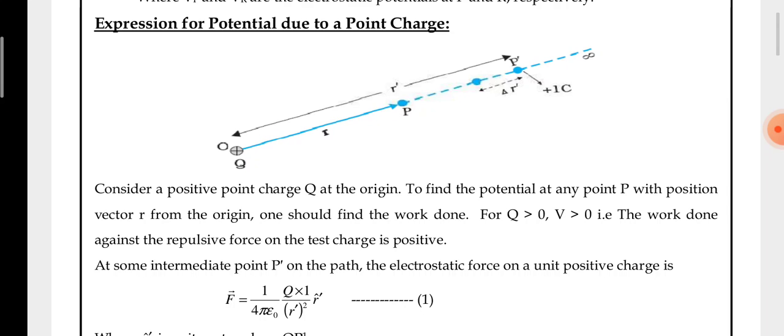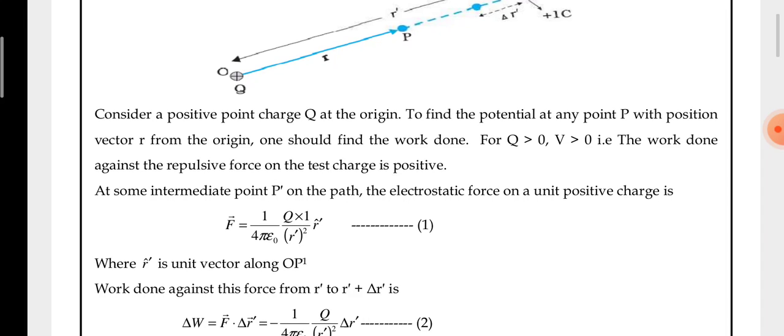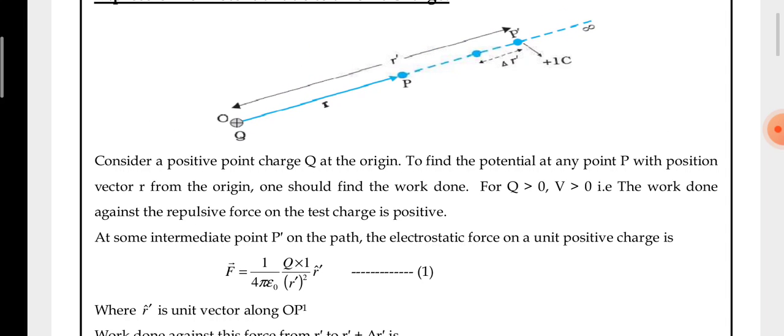Now you just see here, from infinity distance to 1 coulomb of charge, suppose you are bringing one of the charges to point P dash as shown in the figure. That point P dash is at a distance R dash from charge capital Q. For Q greater than 0, that means the charge is positive, and the potential is also greater than 0.